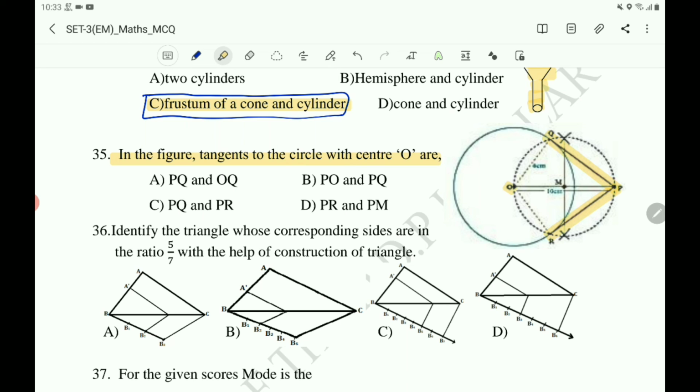PQ and PR are the tangents. So what is the answer? Option C is the answer. Here note down the figure, then you can identify the tangents. Then note the answer. PQ and PR are the tangents.